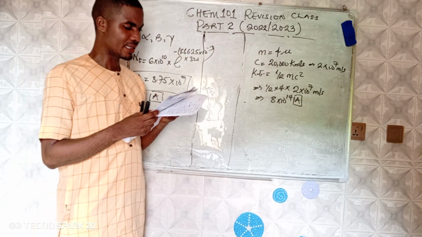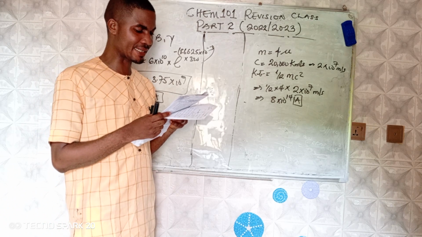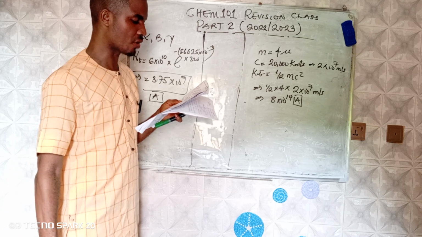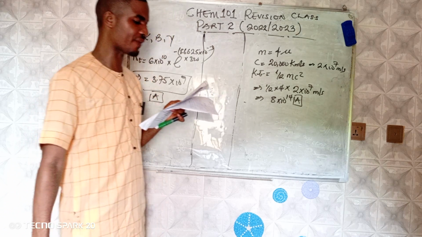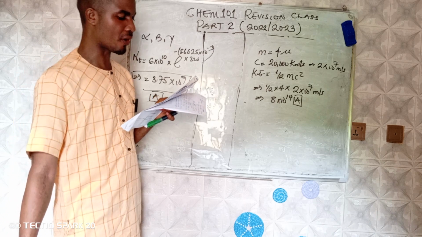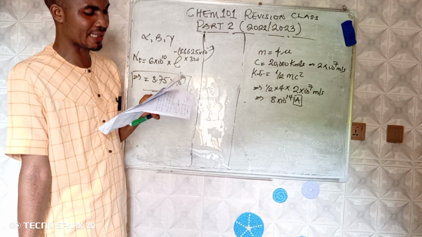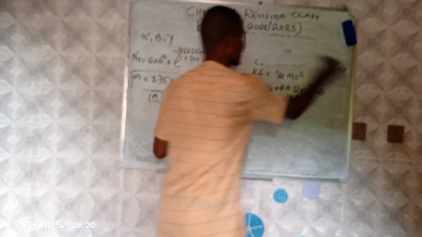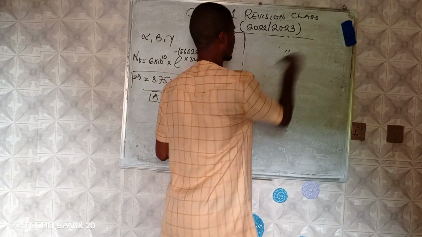Okay. Question number 32. The element chlorine exists in two isotopic forms, consisting of a mixture of 75.53% of chlorine 35 and 24.47% of chlorine 37. What is the atomic mass of chlorine? It's very simple to calculate.